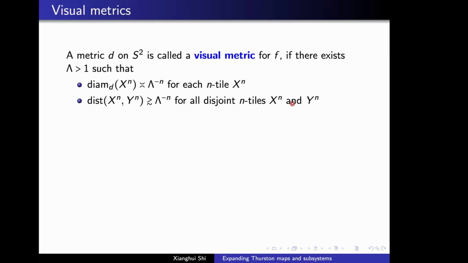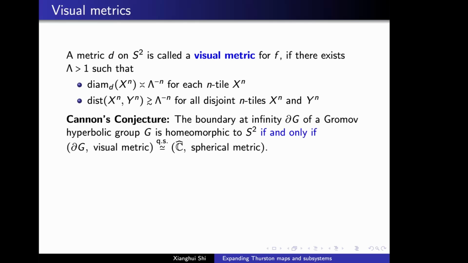The idea of visual metrics was inspired by the study of Gromov hyperbolic groups in geometric group theory. When we consider the boundary at infinity of a hyperbolic group, there exists a natural class of metrics known as visual metrics. Here is an equivalent formulation of the famous Cannon's conjecture from a quasi-symmetric uniformization perspective.